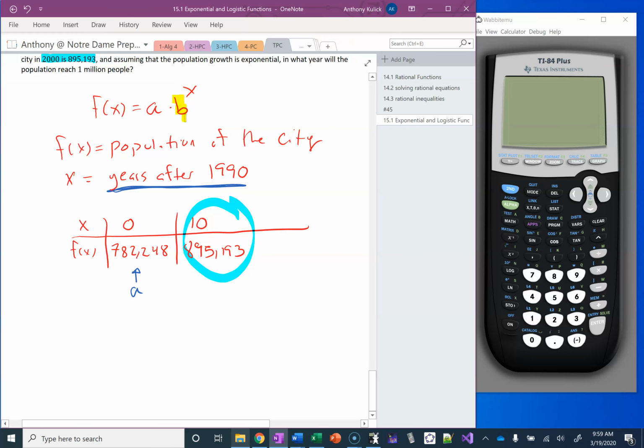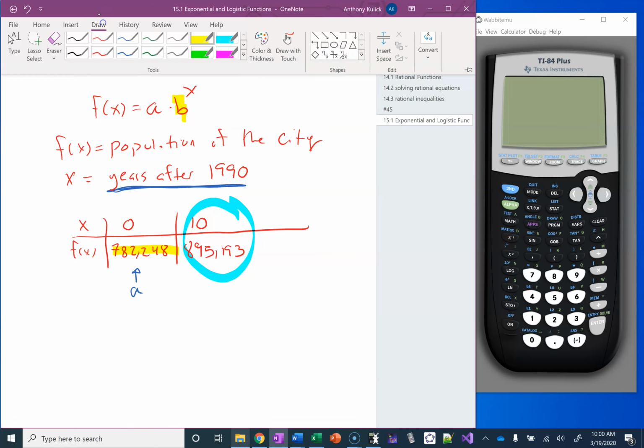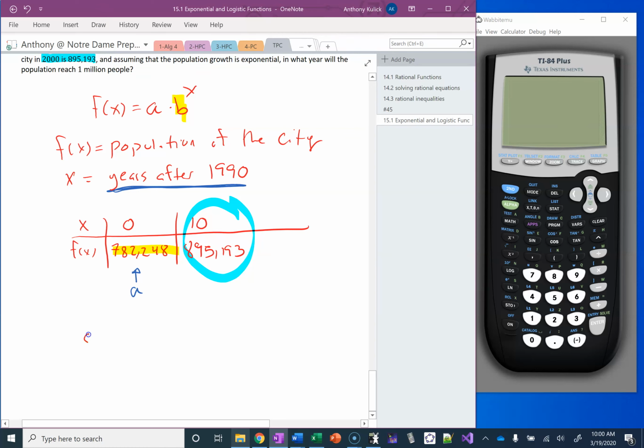I know a, we found it here, still need to find b. So I'm going to plug in 895,193 equals 782,248 times b to the 10th.